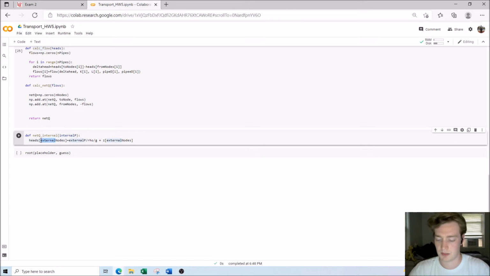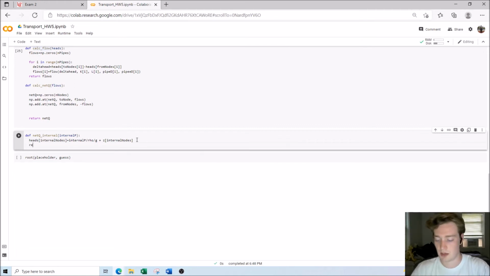So external becomes internal, this becomes internal, and external becomes internal nodes. Just like that. All right. Because it's the same calculation, we're finding the head. It's the pressure over the density times G plus the change in height. So that's what we want to do.